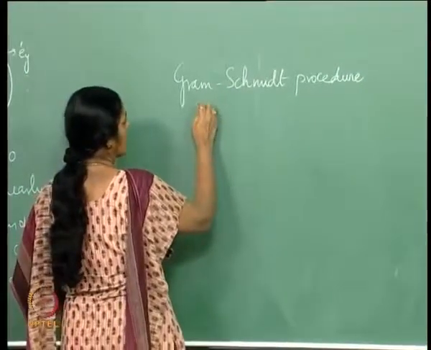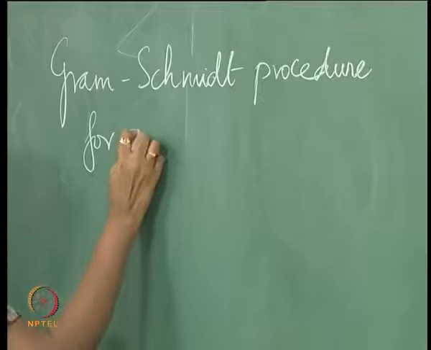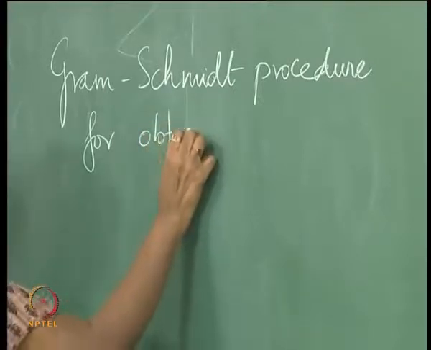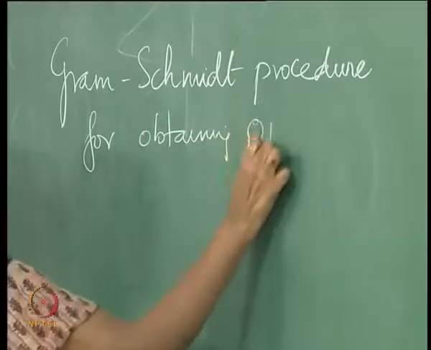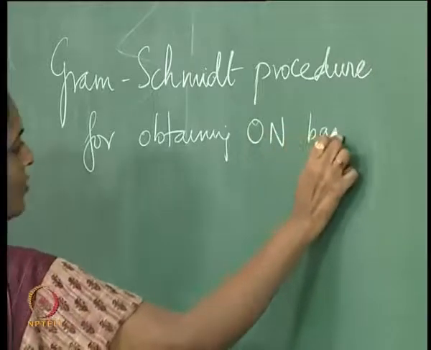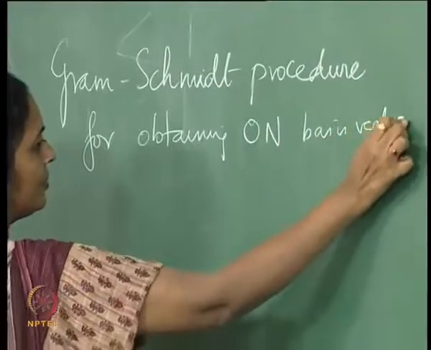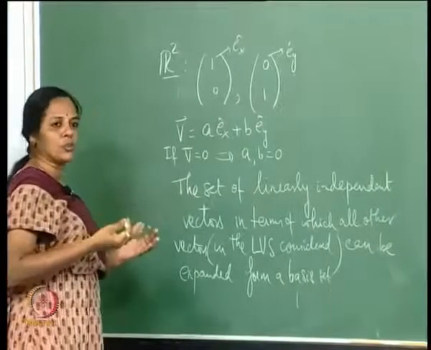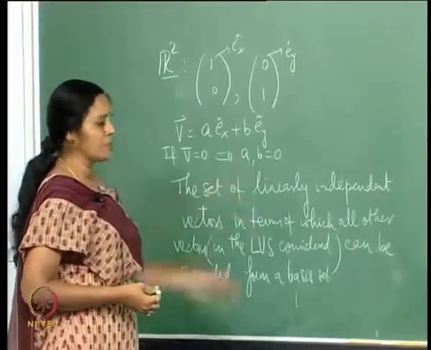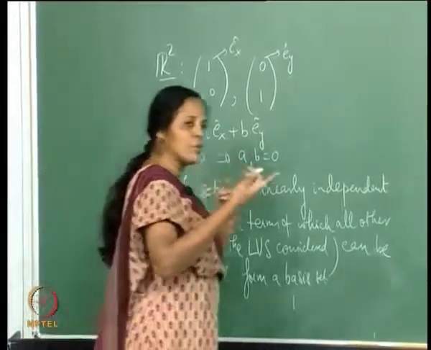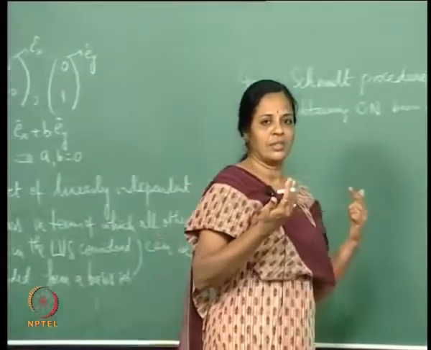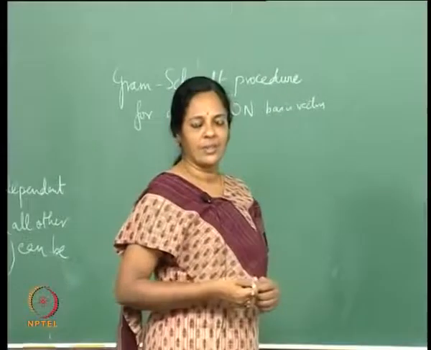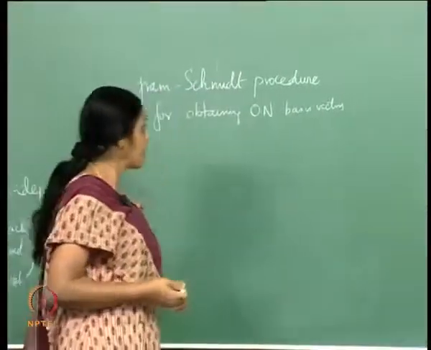So, there is a Gram-Schmidt procedure for obtaining orthonormal basis vectors. So, when I say basis states, I mean a set of orthonormal states which are linearly independent. I mean that the Gram-Schmidt procedure has already been used if initially the set considered was not an orthonormal set.